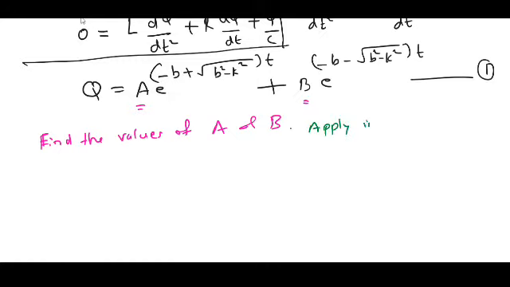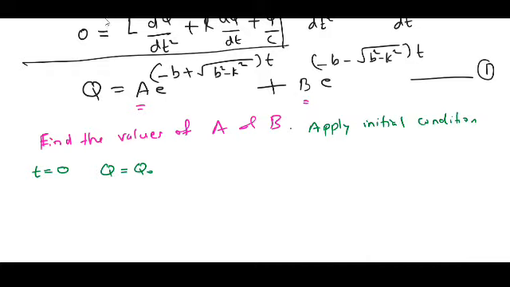For this, apply initial conditions. What is the initial condition? After the capacitor is fully charged, we consider that time t is equal to 0, just before the discharge. The capacitor is fully charged, therefore Q can be written as Q0, and now we allow the capacitor to discharge.